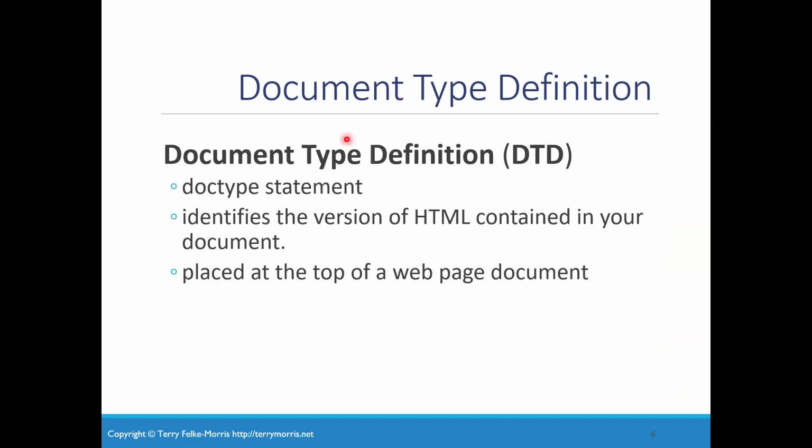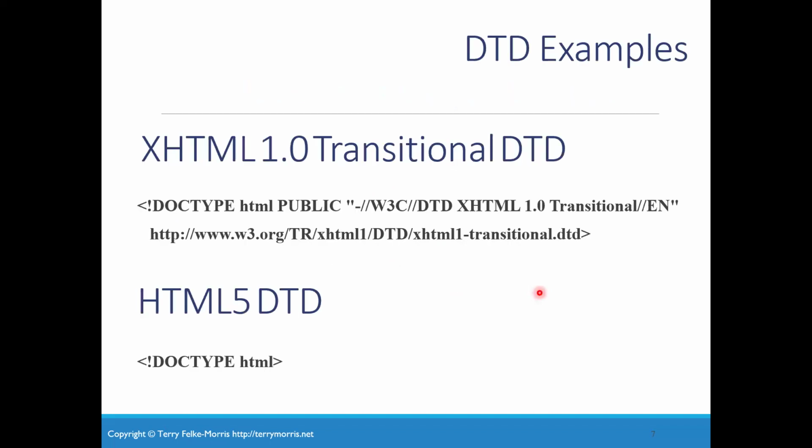We have a term called document type definition, or DTD. Basically, a document type definition is a doctype statement that identifies the version of HTML contained in a document, and usually you place it at the top of the web page.